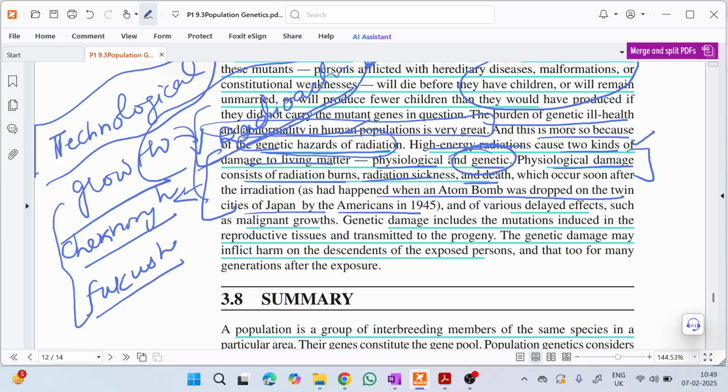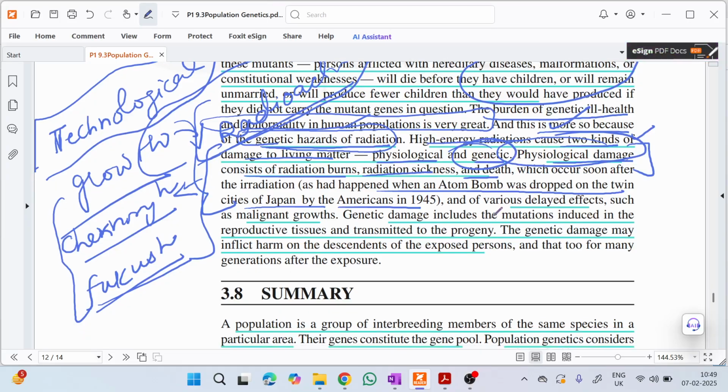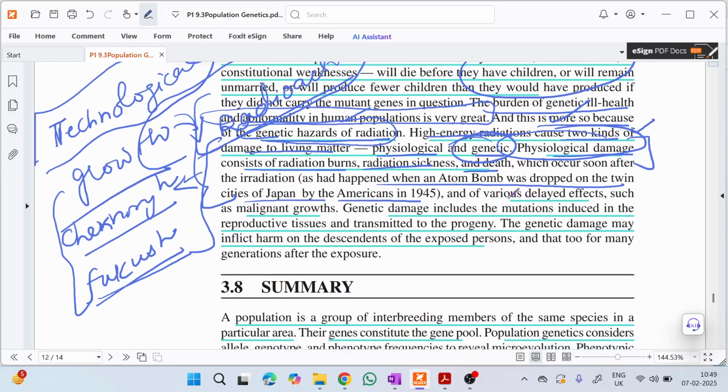So जितने भी ये nuclear disasters हैं, such physiological damage were the on-site, the primary consequences of radiation damage. Then the genetic one, which can lead to other malignant growth, such as carcinoma or cancer.